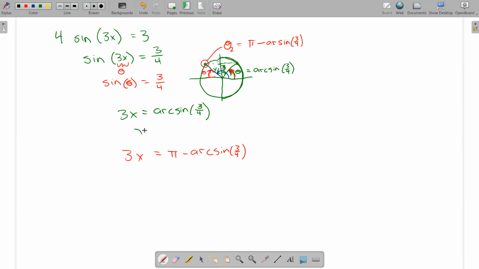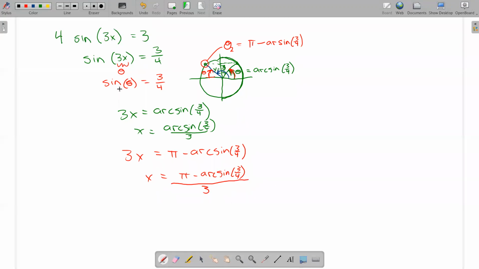With this top one, I would get x equals the arc sine of 3/4, over 3. And for this red one, I would get x equals pi minus the arc sine, all divided by 3. So that should be a second solution.